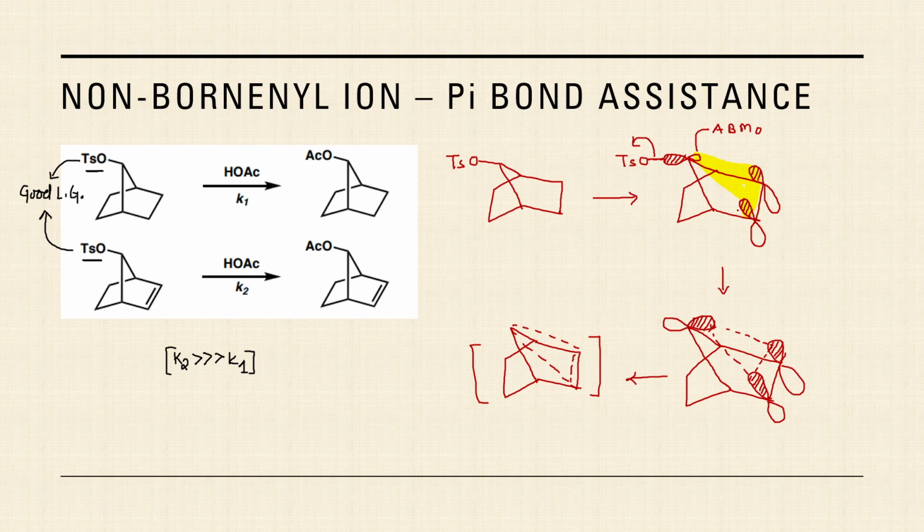So अब देखिए इसकी जो orientation है that is very important. जिधर से ये निकल रहा है, this has to look like it is opposite with respect to the direction of orientation of the pi molecular orbital. So this is the pi MO, which is pushing out the OTS, and therefore K2 becomes fairly large क्योंकि there is an assistance which is being provided to this ion from these pi electrons.